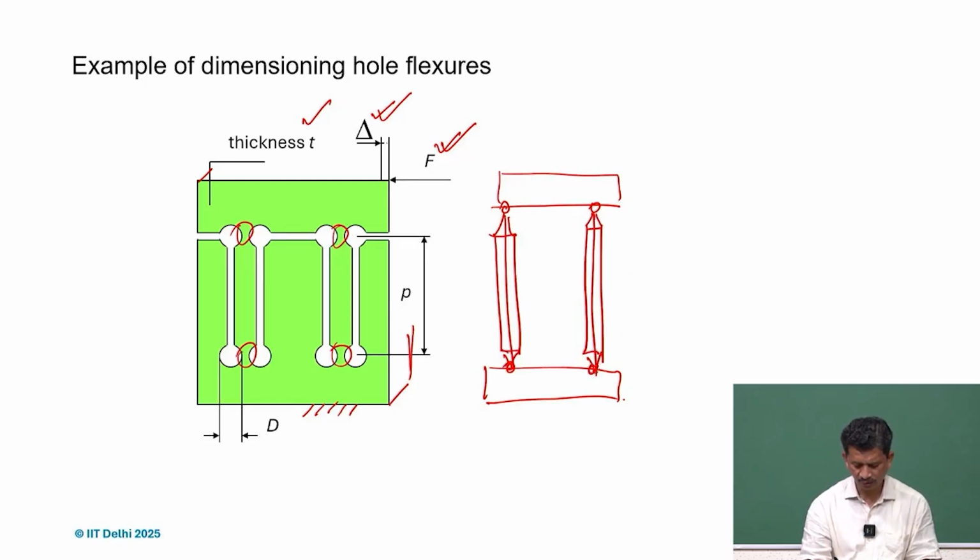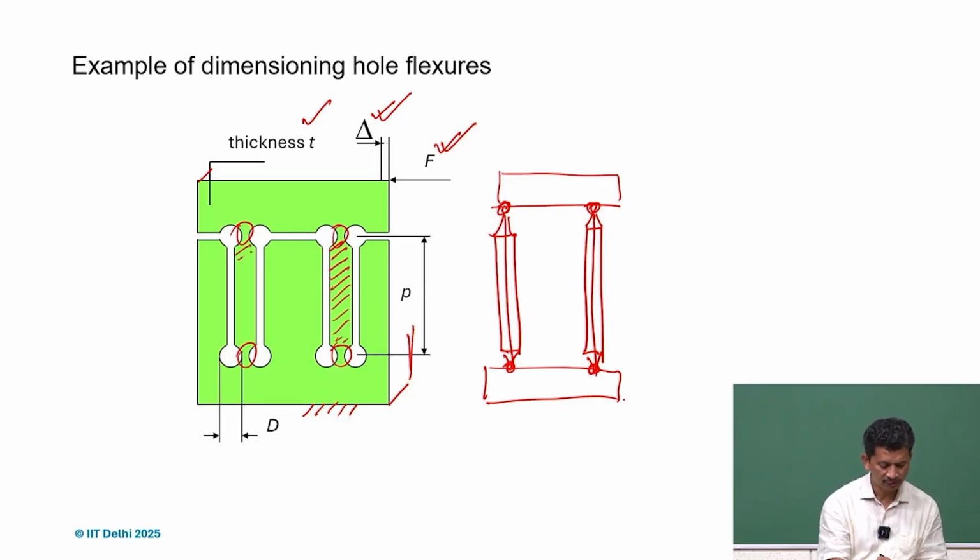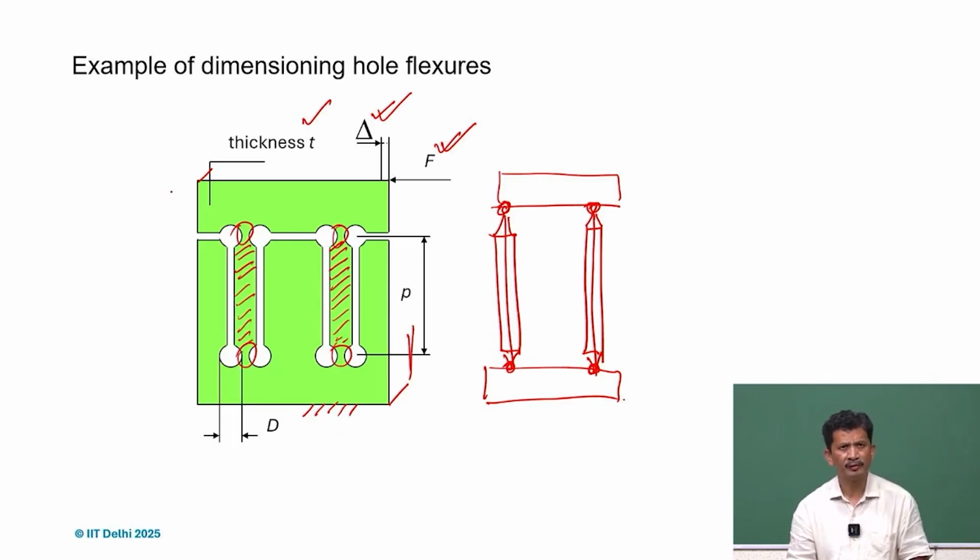So these are my hinge points, and if you look at it, this is what is important. Actually, these are the functional parts only. And of course the base and the top platform are there.